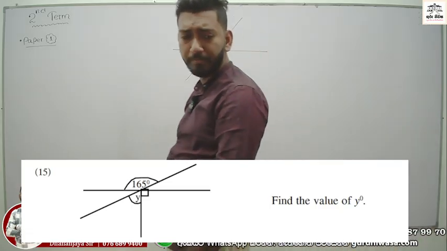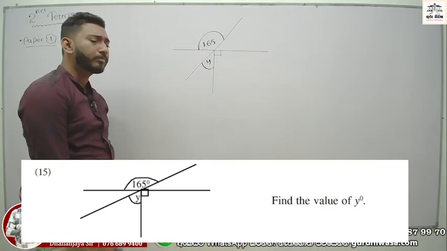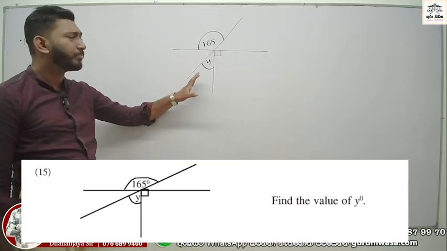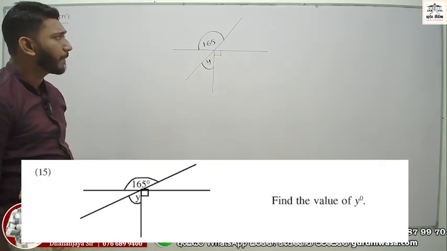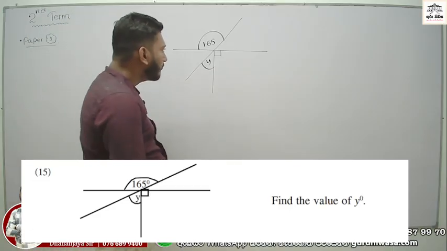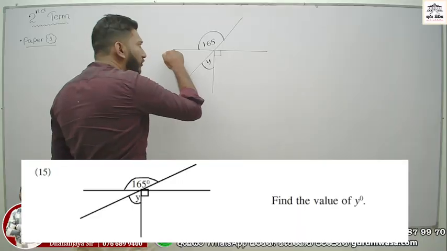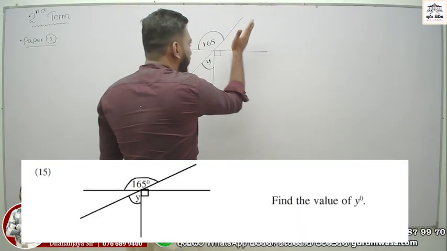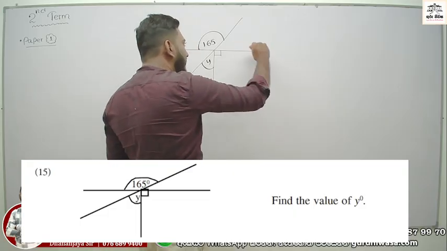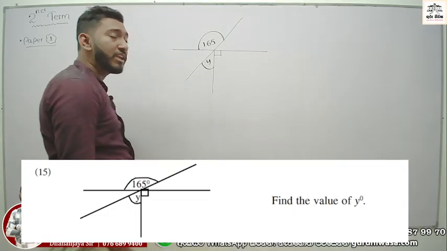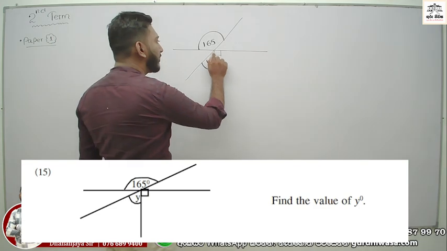Now look at this. Find the value of the y. Now look at this. And this is a straight line, and this one is also a straight line. And the two straight lines intersect each other, and we call it by a specific name. Now look at this.